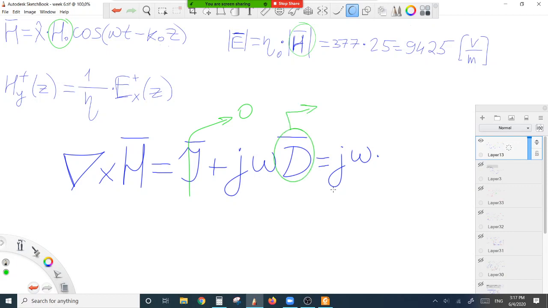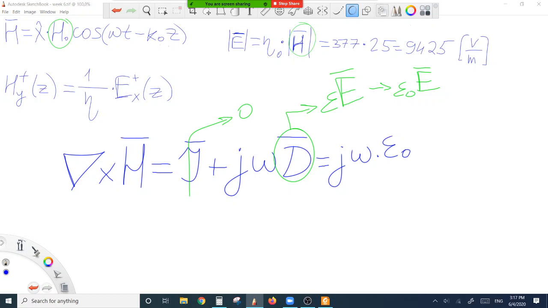D is equal to epsilon multiplied by the electric field intensity, or in our case we are working in free space, so it is epsilon 0 multiplied by the electric field intensity. That's why we have j omega epsilon 0 times the electric field intensity.